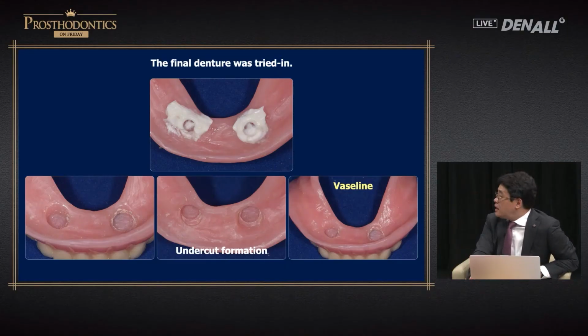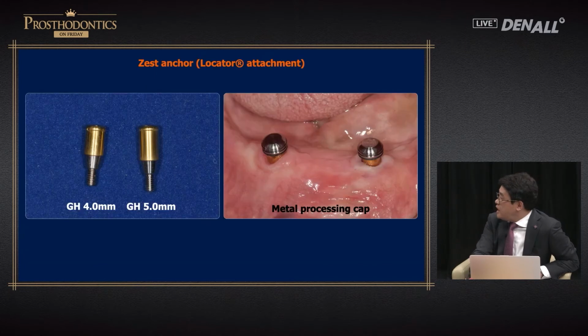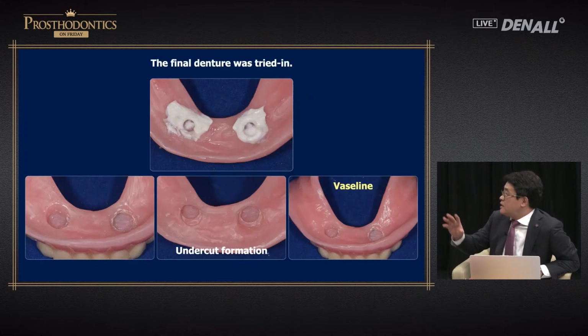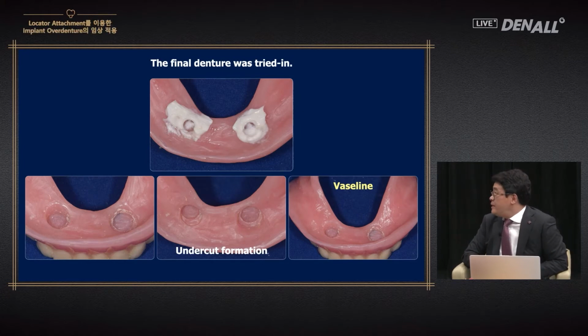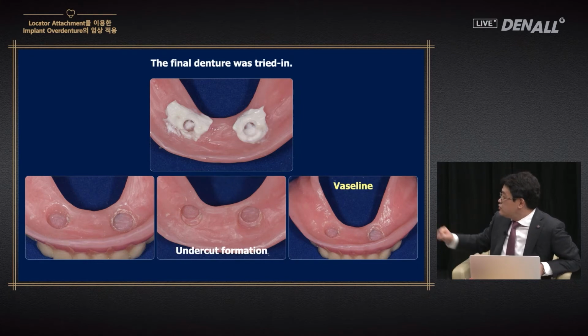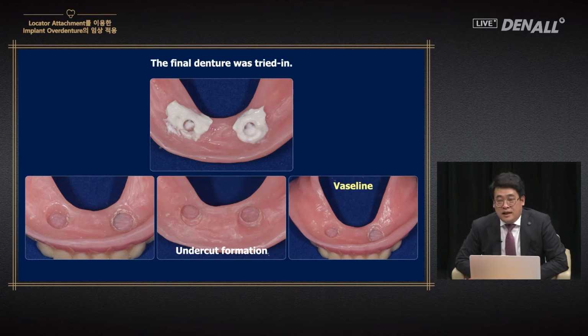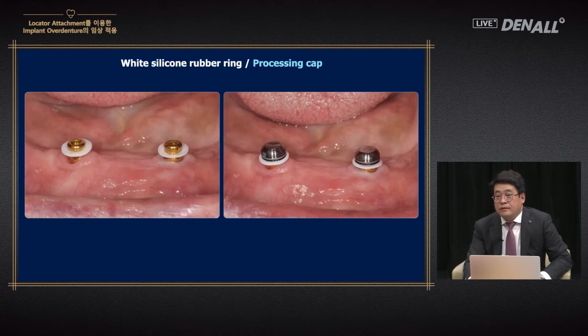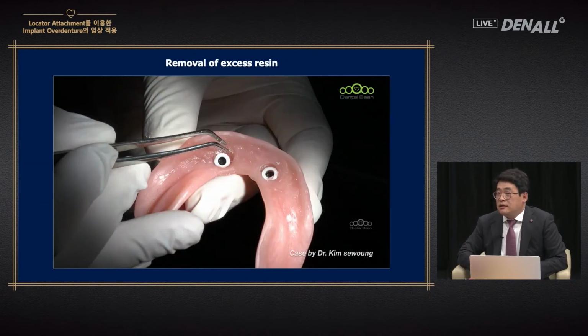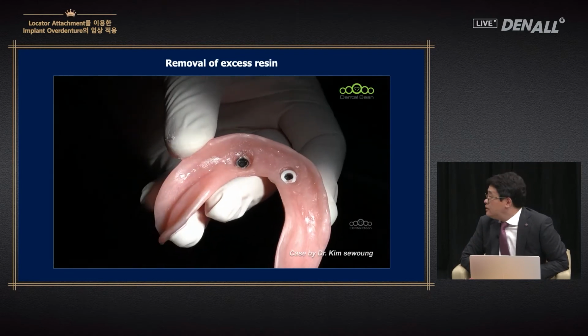I want to emphasize once again that the metal processing cap should not be in contact with the inner surface of the denture. This occurs very frequently, and that is why I included it in this slide once more. The indelible pencil is very useful, as Professor Chu has mentioned. Undercut should be formed. Use Vaseline, and that is my clinical tip. Let's look again. This is the same process. We remove.